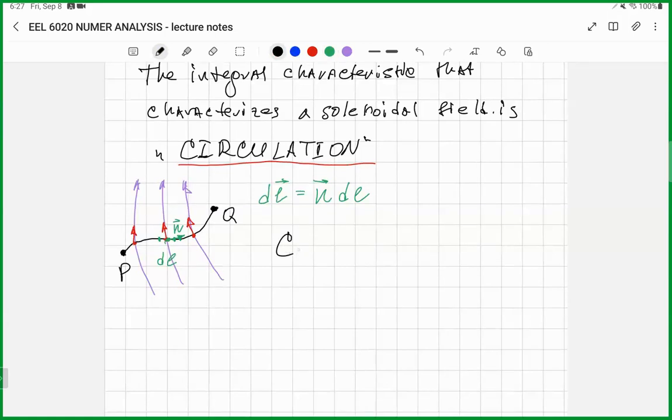Okay, and the circulation by definition, denoted by C, circulation between P and Q, is given by the integral from P to Q of the vector field A dot dl. And this dl is again the element of this path.